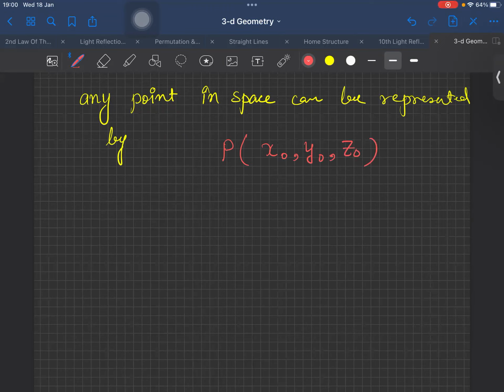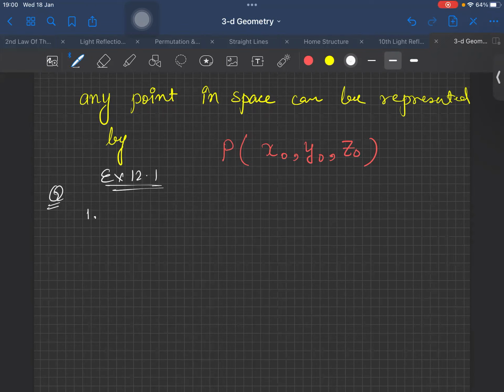By all these three coordinates, anywhere in space, it can be represented. And on that basis, we'll decide in which octant it lies. Okay, now let's come to exercise 12.1, question number 1.